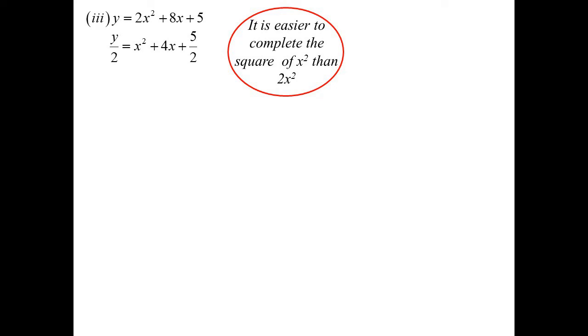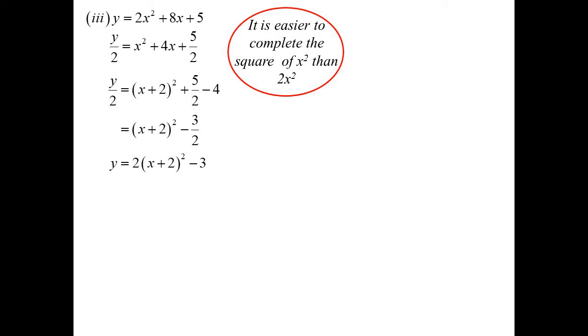y is 2x squared plus 8x plus 5. So again, I want to complete the square, but I really hate completing the square when it's 2x squared. So the first thing I'm going to do is divide everything by 2. So now on the right-hand side, we've got x squared plus 4x plus 5 on 2. Complete the square.